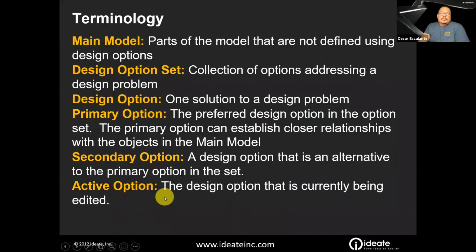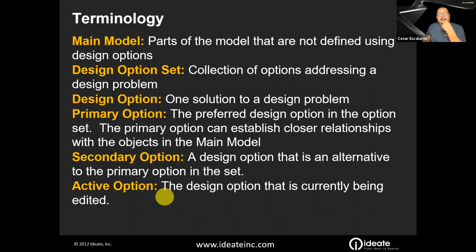The active option is a property of the view. When you enable design options, you need to be aware of what your active option is. Pretty much the same way you are aware of the active worksets or the active layer in AutoCAD. Anything you create is option specific.